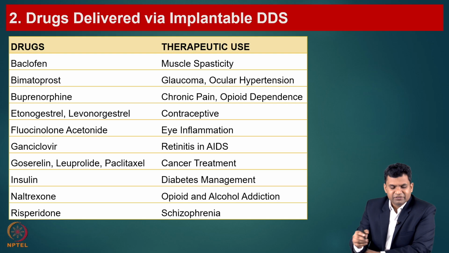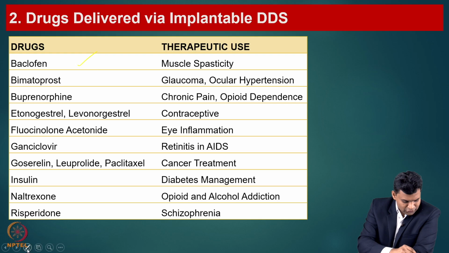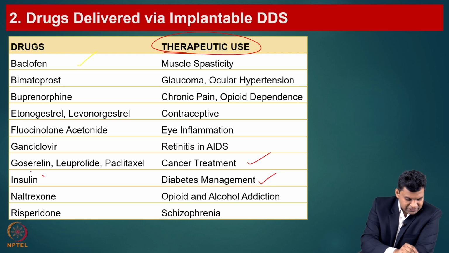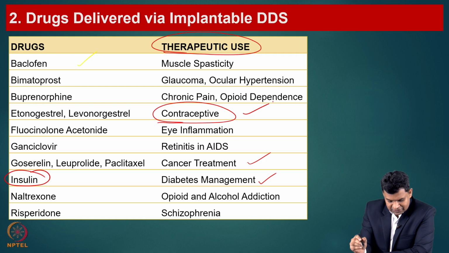Now, these are the various drugs you can see, which you can read, and these are the various drug molecules we can use for various therapeutic uses. Now, you can see there is cancer treatment, and for diabetic management we can use insulin, right, and we can also use various hormones for contraceptive applications.